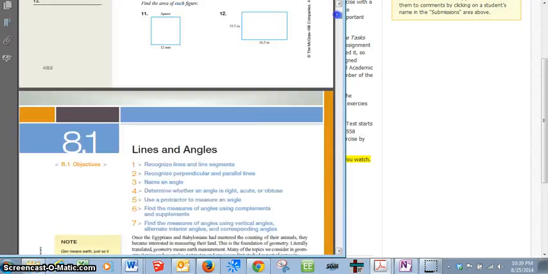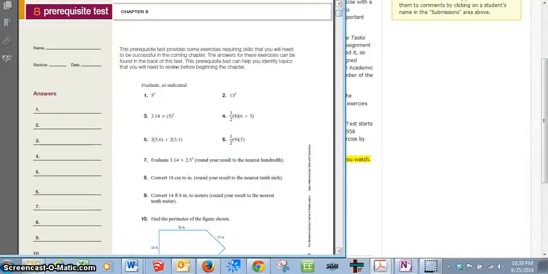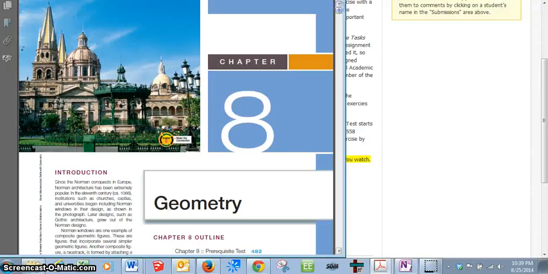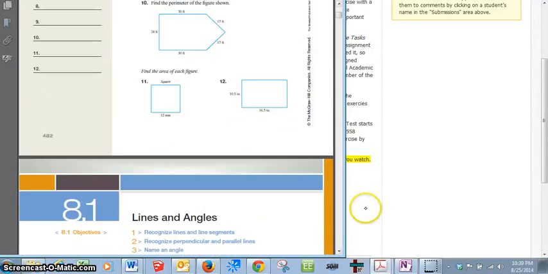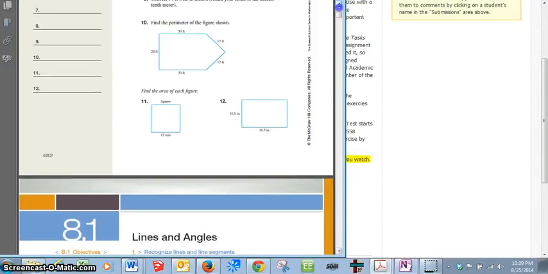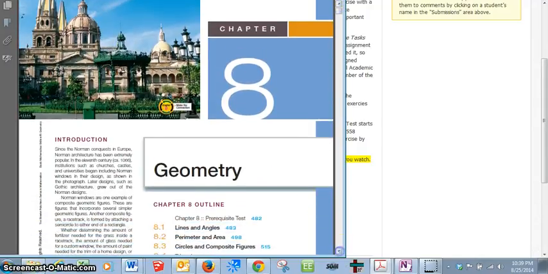There's quite a bit of review available in this chapter 8 geometry outline: review of lines and angles, perimeter and area, circles and composite figures, triangles. You're expected to have seen the Pythagorean theorem. If any of these topics are new to you, make some notes on the exercises that are difficult and bring them in during the after-school academic period, or take them to the Math Help Center anytime during the school day.